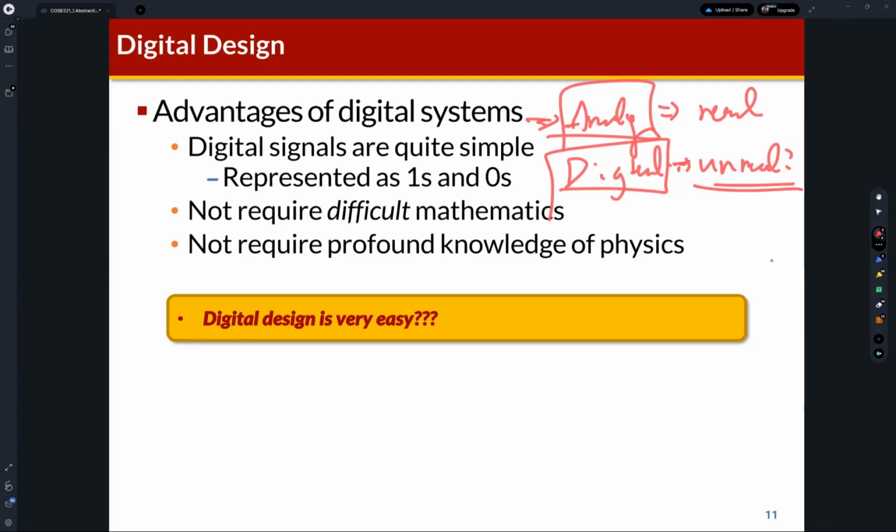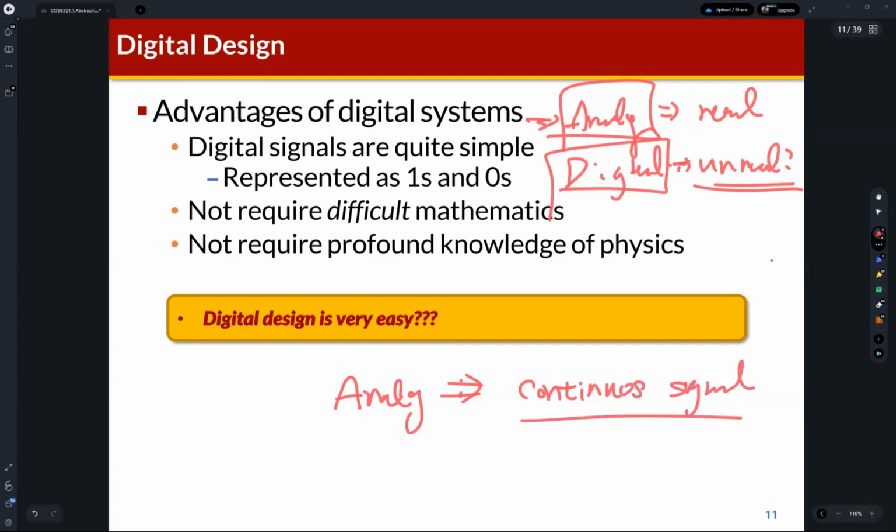When I mention the analog system, you need to focus on the terminology continuous. Analog systems handle continuous signals, and real signals are continuously changed by time. So an analog system just handles continuous data or continuous signals.